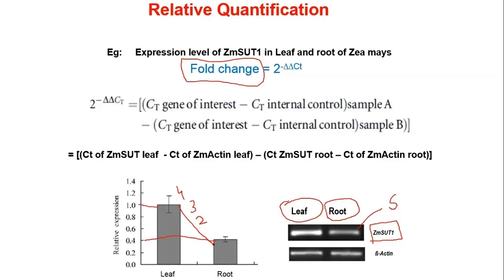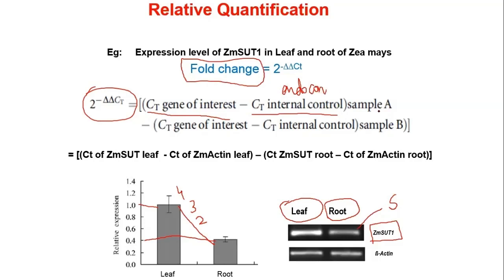How can the machine tell you this and plot a graph like this? It uses the formula 2 power minus delta delta CT. Delta means difference. So one is CT of gene of interest minus CT of internal control, that is, the endogenous control.